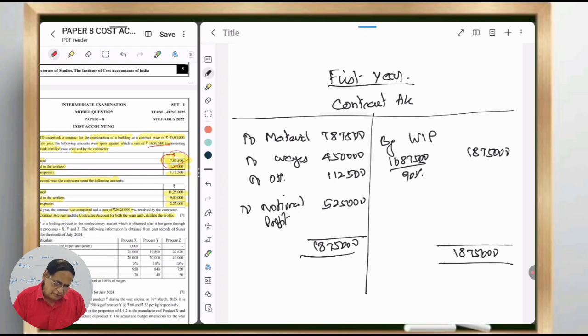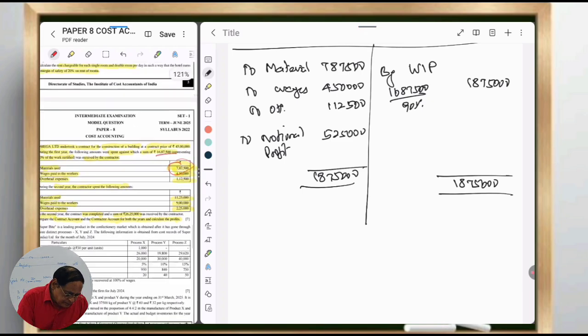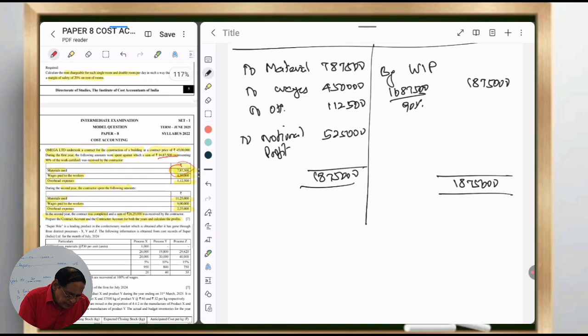If it is notional profit, first of all we will see what percentage of the contract is completed. Total contract price is 45 lakhs. Out of that, work in process is 18 lakhs 75,000. So 18 lakhs 75,000 divided by the contract price 45 lakhs into 100. So nearly 41.66 percent is completed.